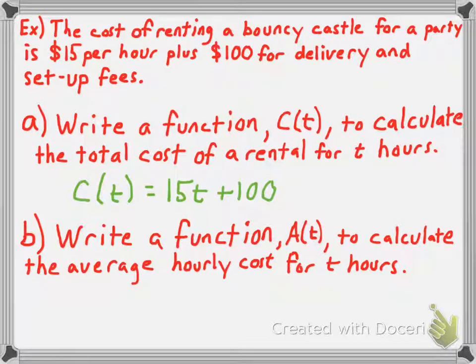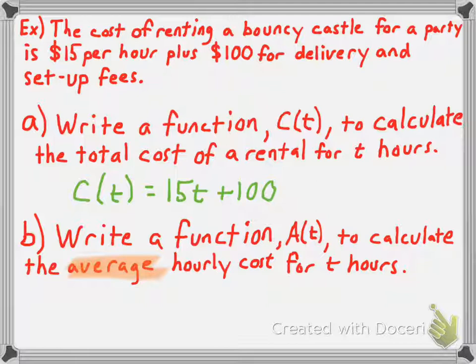All right, next we're going to calculate the average hourly cost. Or average there, very key to what we're trying to do here. Now think about how you calculate an average, and this becomes a pretty simple task for us.